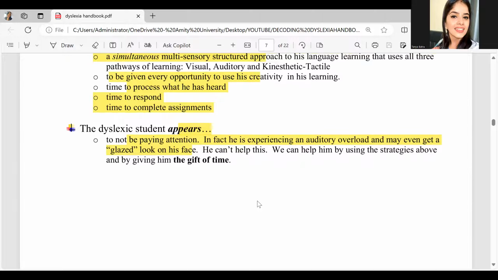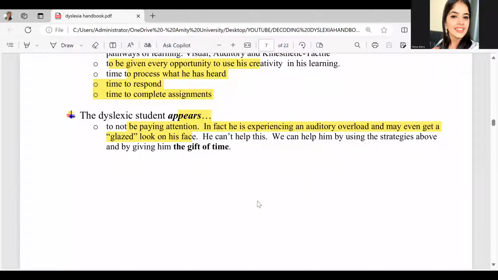So in this case, we have to understand that we can give a written instruction, we can give a small instruction, or just give extra time to the child to understand what's happening around and allow him to work at his own pace.